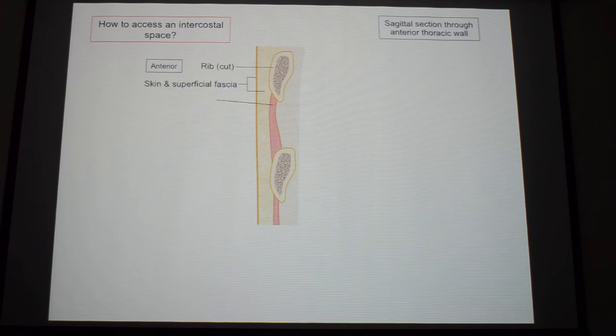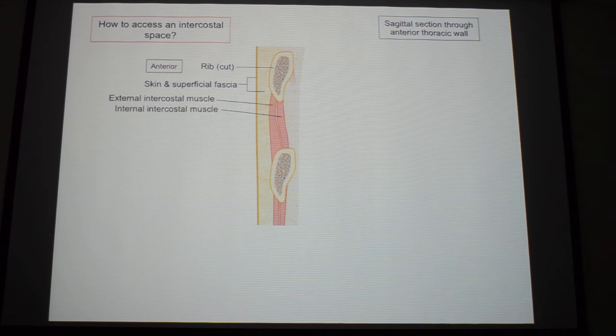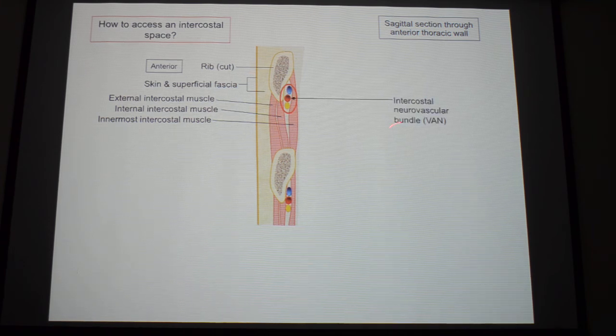We know about the rib above, the rib below, the external intercostal muscle and the internal intercostal muscle. Here we are looking at the innermost layer. There we have the neurovascular bundle, and each group contains one. I'll show you the collaterals here also. This is the intercostal neurovascular bundle.